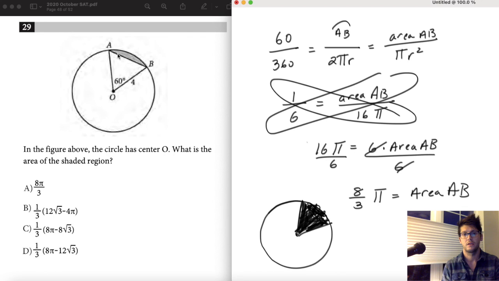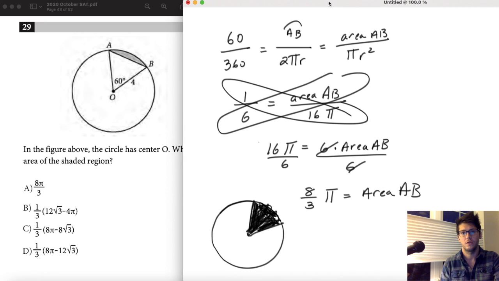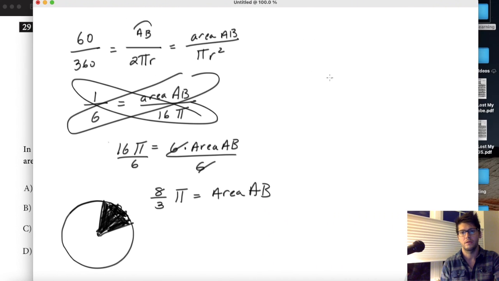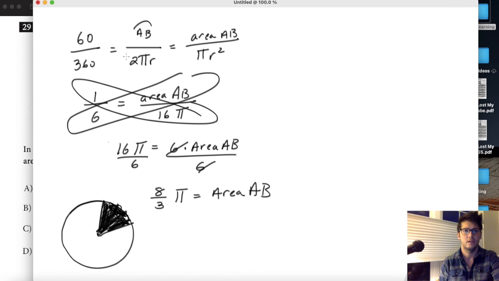So let's do that. That triangle has a 60-degree angle, which is a special kind of triangle. So let me just talk to you about that 60-degree angle here. I'm going to roughly draw that 60-degree angle. So these are all 60s. Maybe what's best here is if I take this figure and put it on the board so I can really show you what I mean.